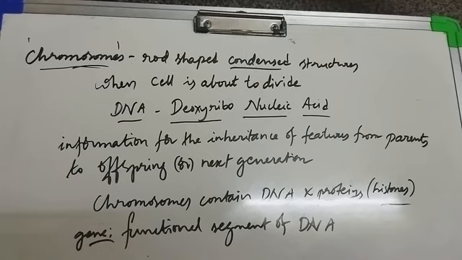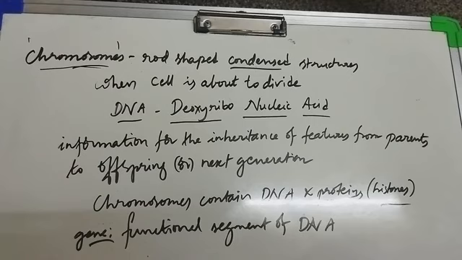So chromatin material is visible as a thin, entangled mass of thread-like structure. And chromosomes are thick, condensed, rod-shaped structures. What is the similarity in both of them? Both contain DNA and protein only.